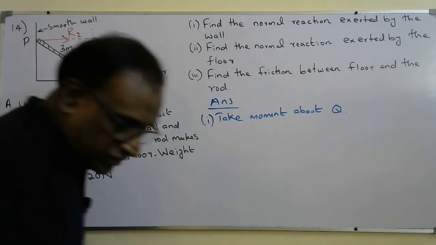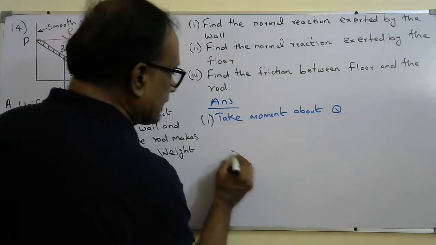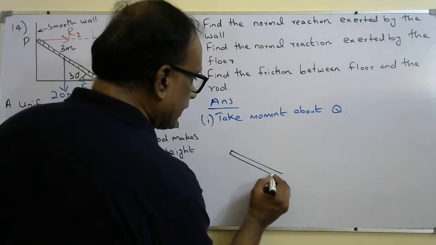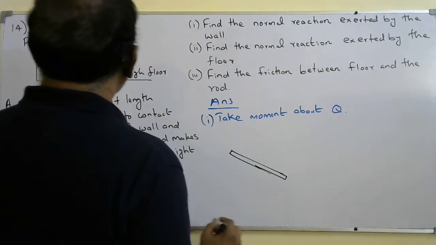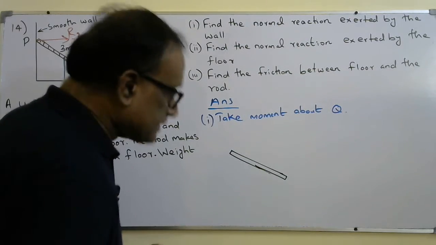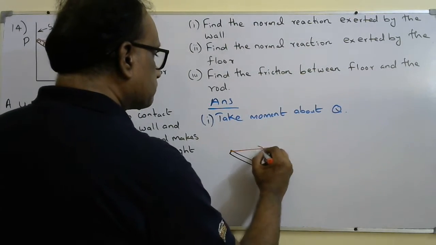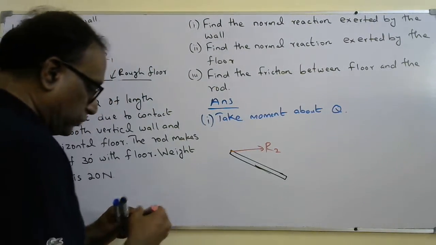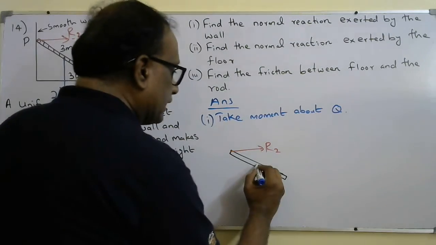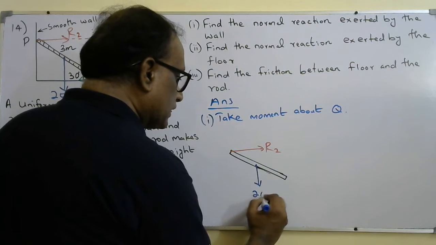Think about this rod. The rod is like this. R2 is acting in this direction. R1 is acting vertically up, it won't come in my equation. Weight is acting from here downwards, 20 Newton.